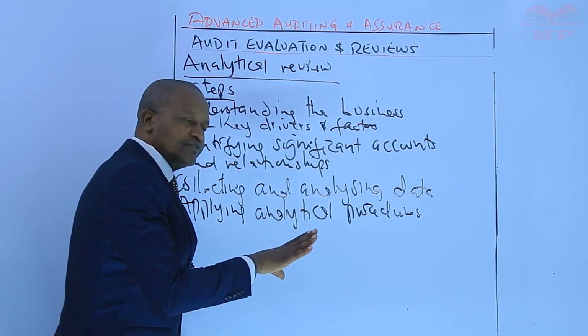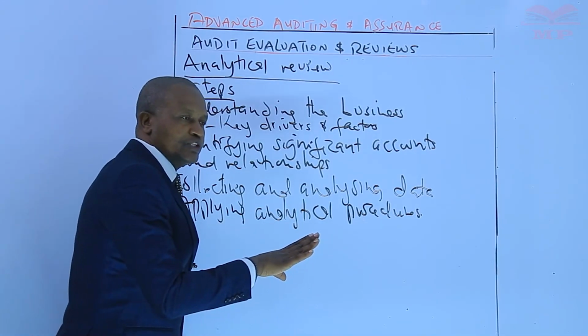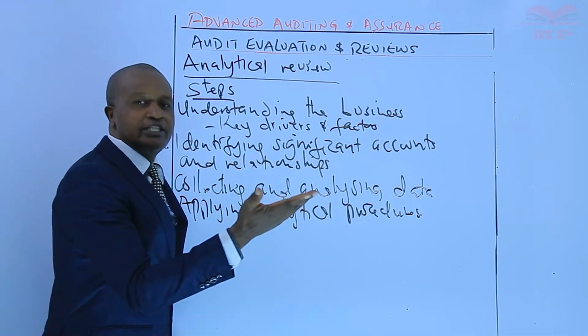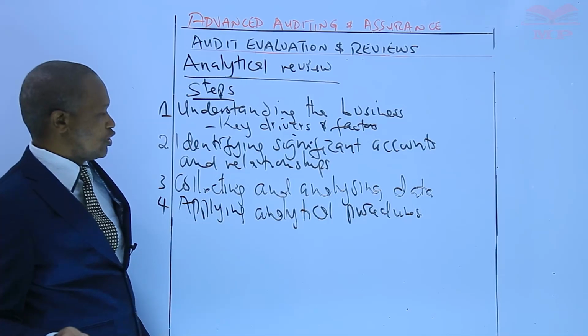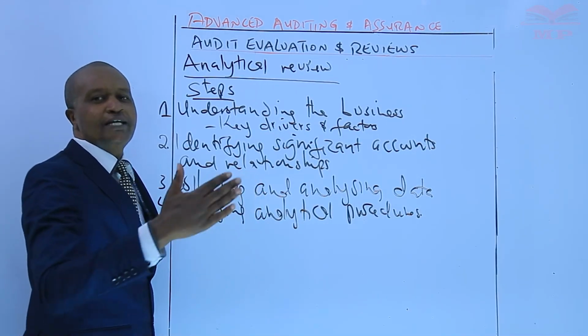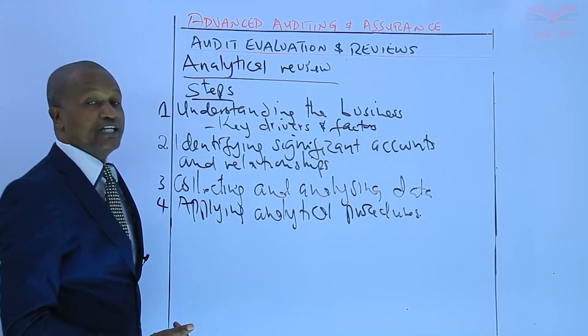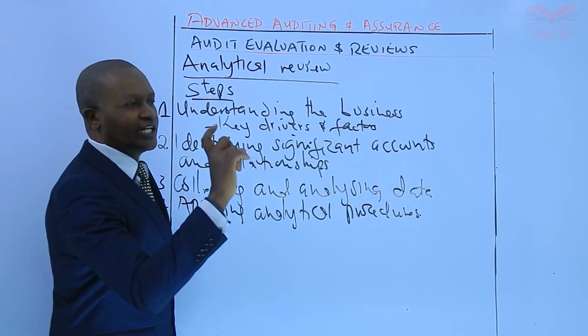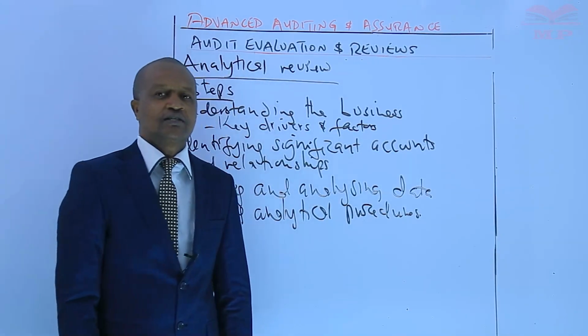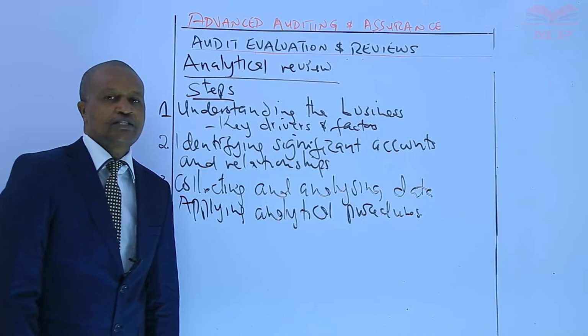Comparing the current financial position or data with trends or industry benchmarks. The auditor can also compare the current financial information with the budgeted amounts or any other internal or external data sources. All right?